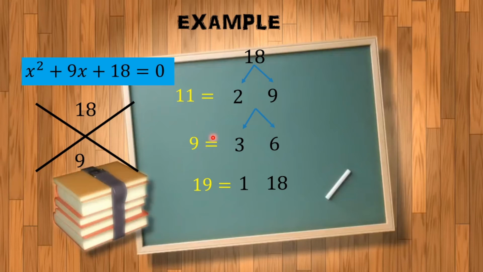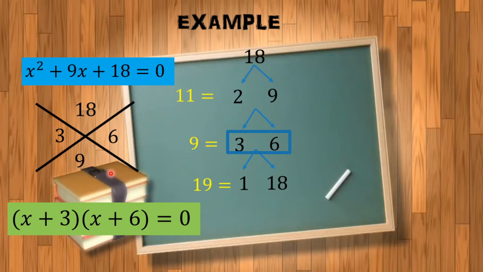So as you can see, the numbers that we need as the factors of our given example are 3 and 6, because when we add 3 and 6 the sum is 9, and when we multiply it is 18. So now our factors here are 3 and 6. So now we write the quantity x plus 3 times the quantity x plus 6 is equal to 0.